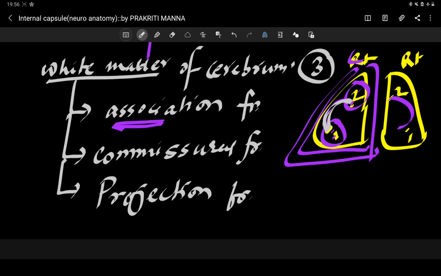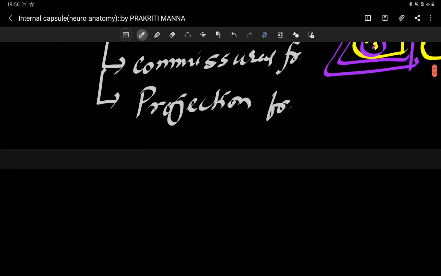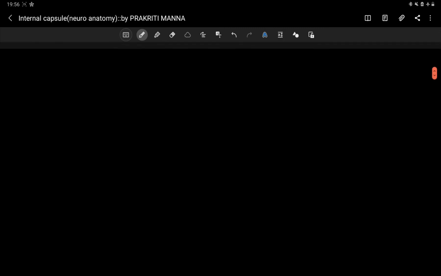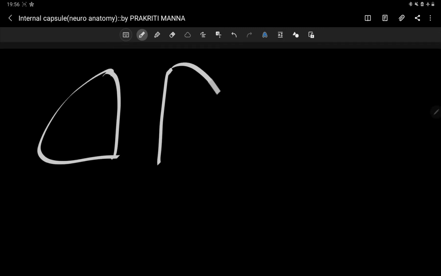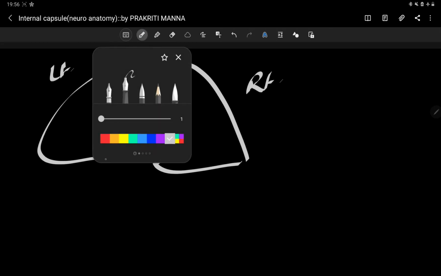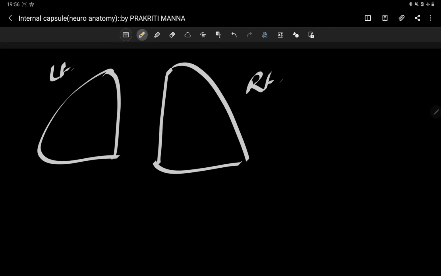Now what are commissural fibers? This is your left and this is your right cerebral hemisphere. Commissural fibers are those fibers which connect the similar areas.